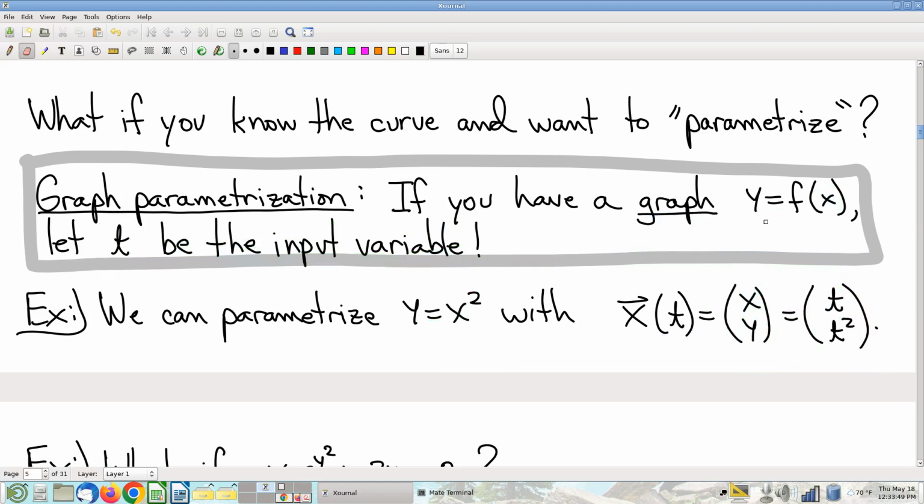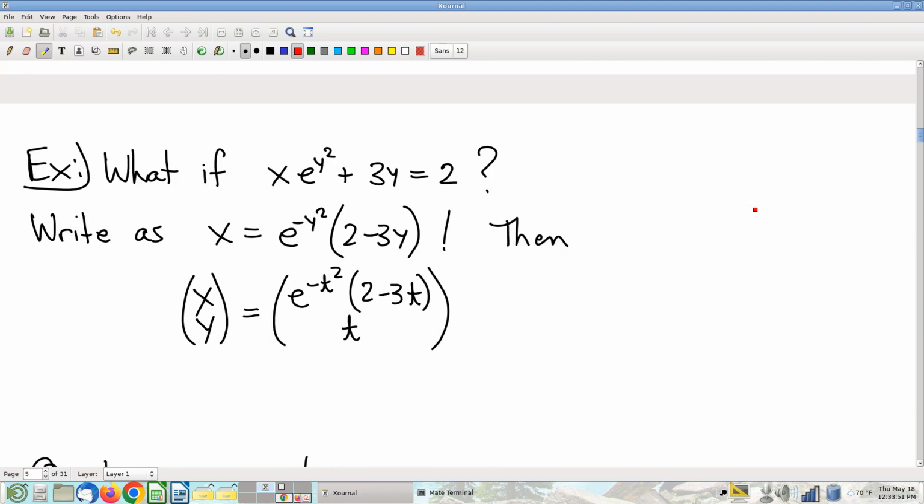So let's see another example of this. Now you look at this equation right here, and there's two problems with this equation. For one thing, as currently written, I do not have one variable as a function of the other. So it's not written as a graph. Worse, I cannot solve for y because this equation is transcendental in y.